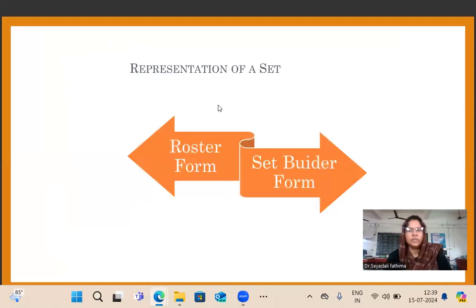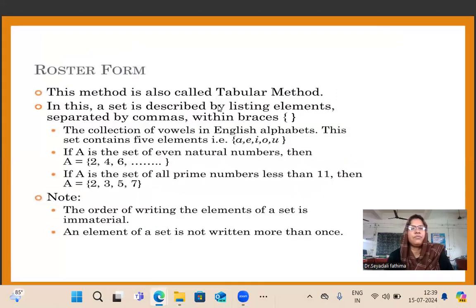Now we see the representation of a set: roster form and builder form. In roster form, also called the tabular method, a set is described by listing elements separated by commas within braces. The collection of vowels in the English alphabet: the set contains 5 elements, that is, the set of all a, e, i, o, u.